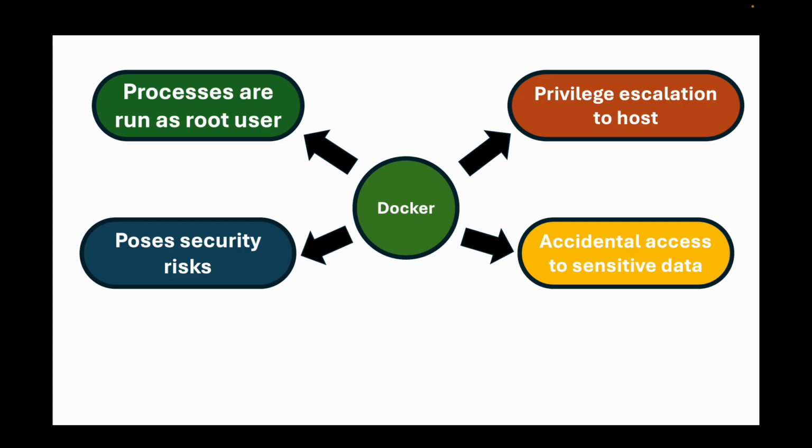And this could lead to complete system compromise. The other issue you can see is accidental access to sensitive host resources. If the container mounts a host volume, the root user inside the container can modify data on the host machine, read or write sensitive host files, and change permissions on binaries as well.